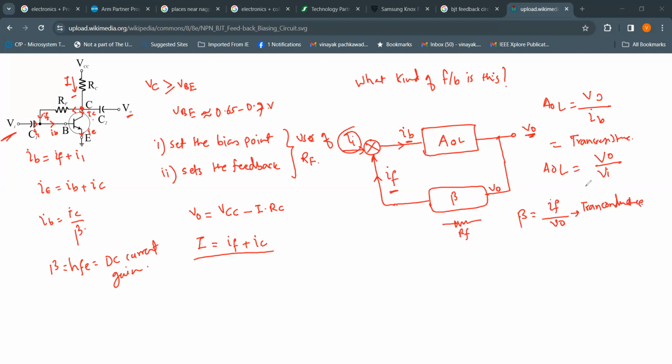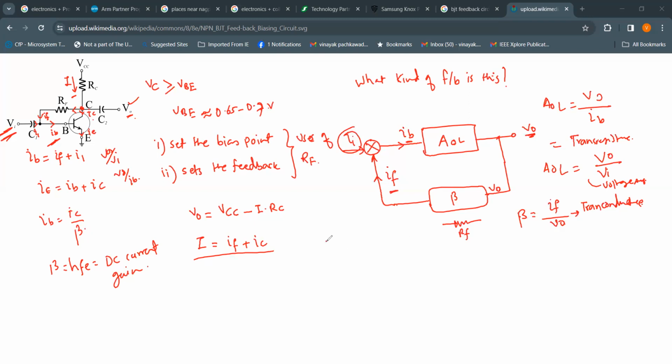So it is also called a voltage amplifier. Okay, so depending on whether you take the gain as a ratio of output voltage divided by input current, or output voltage divided by the input voltage, VO over VI or VO over IB, that's how you will get that.